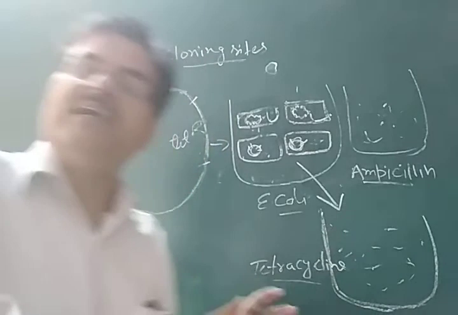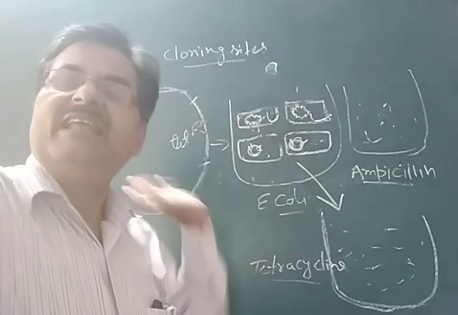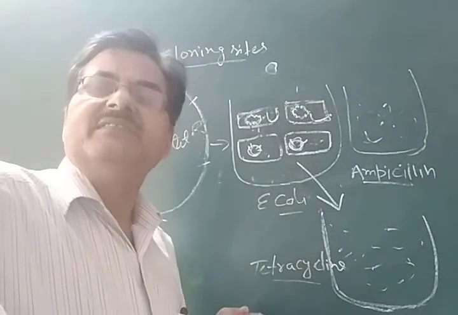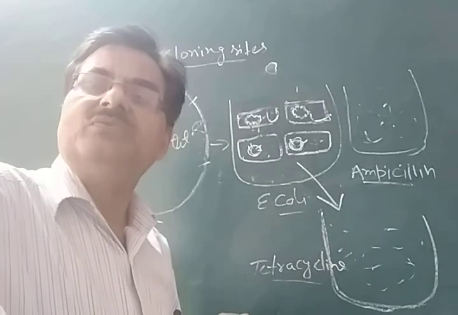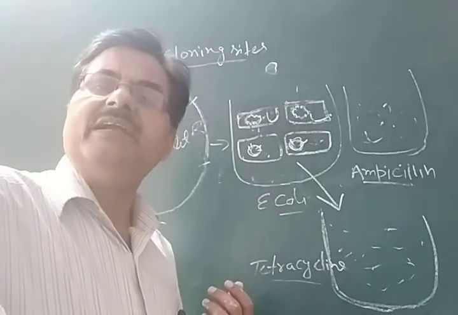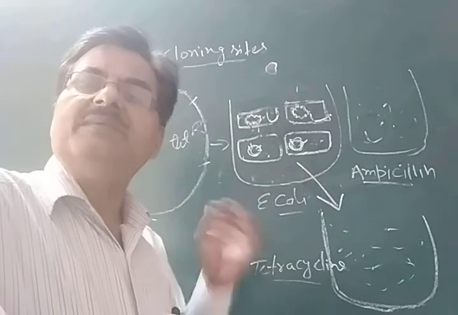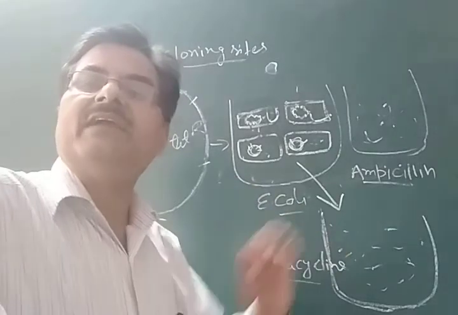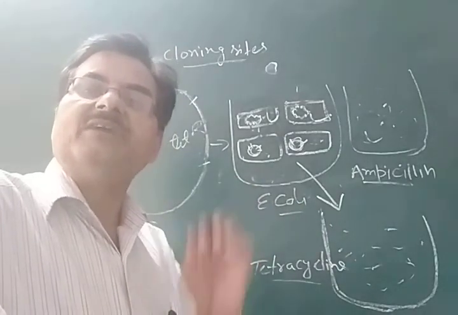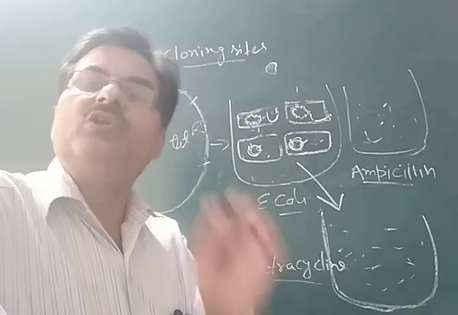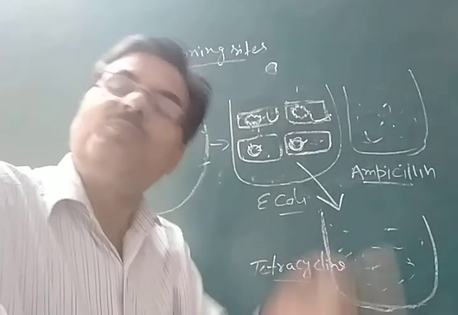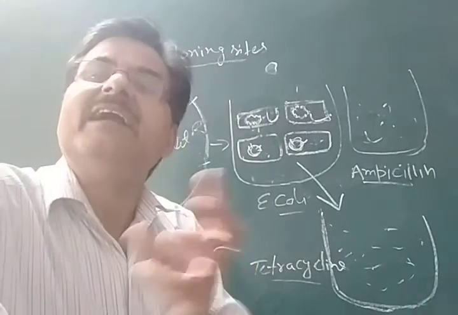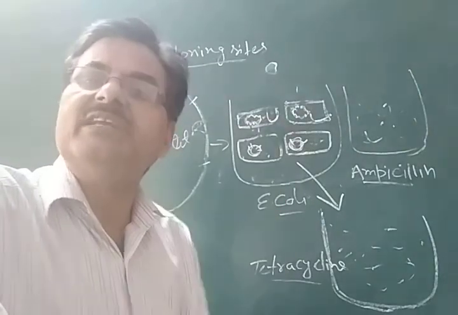Because these antibiotic selectable markers make the procedure very difficult, scientists decided to develop an alternative. A chromogenic substrate means any substance that produces color. That is the chromogenic substrate.